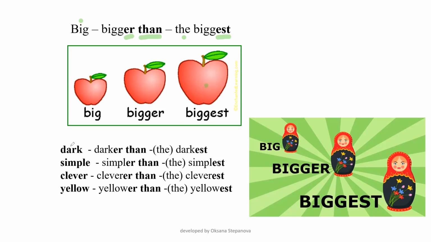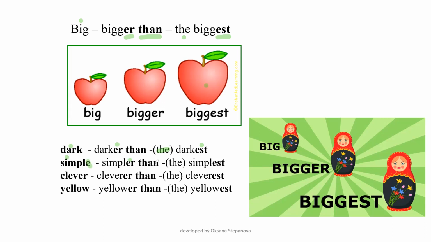Some more examples here. Dark, 1 vowel, 1 syllable. Darker than, and the darkest. Simple. Again, remember I said you count syllables and vowels which you hear or can pronounce. E is not a vowel we pronounce. It is a silent final E. That's why we have only one vowel here and one syllable.